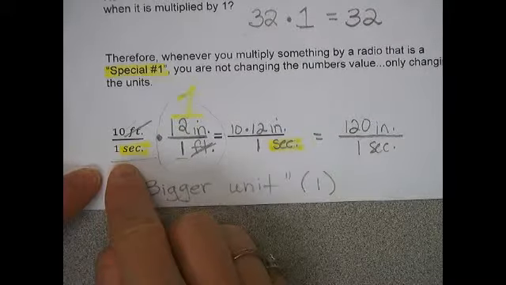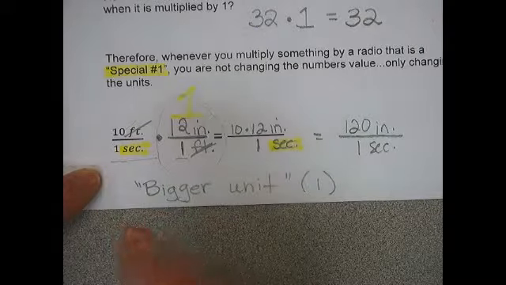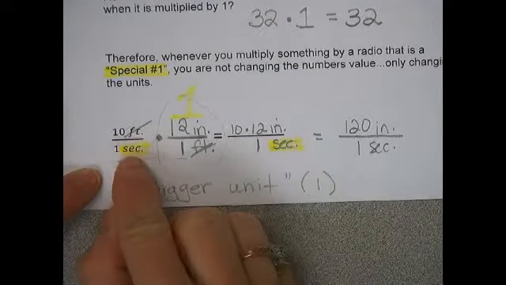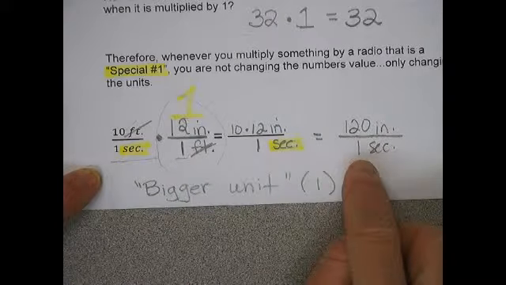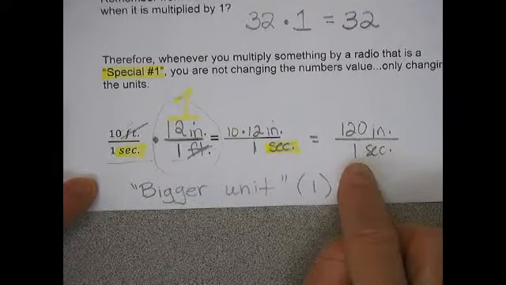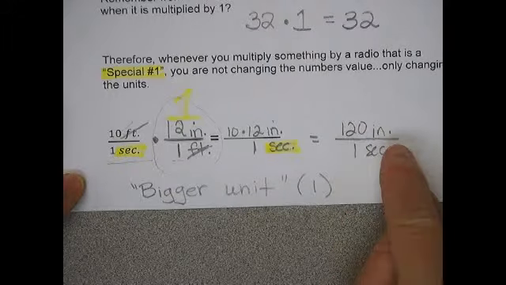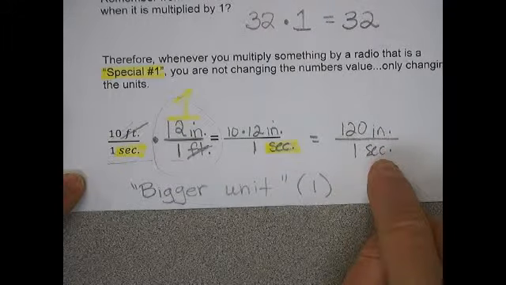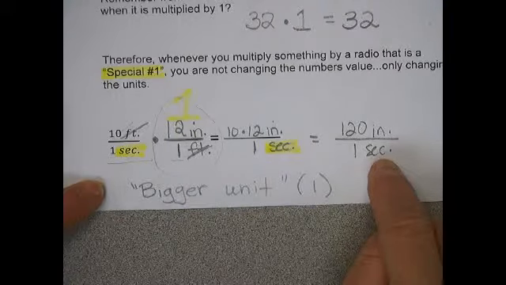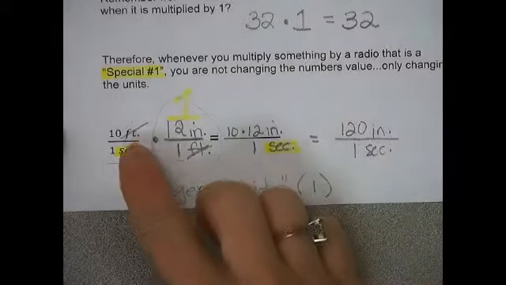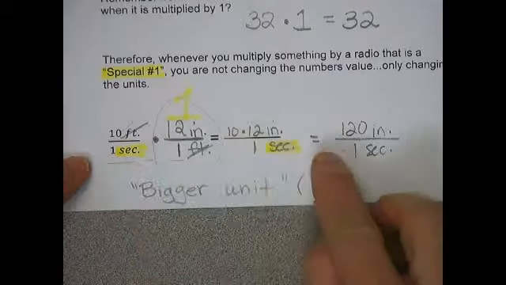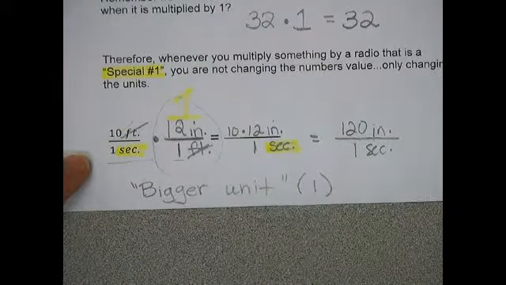So let's go back and talk about how I said that when you multiply by 1, you don't change the value. Let's pretend that I called 2 people up to the classroom and I asked one of them to walk 10 feet in a second. I said go. In 1 second they had to cover 10 feet. And I had another student next to them and I said, when I say go, I want you to go 120 inches in a second.